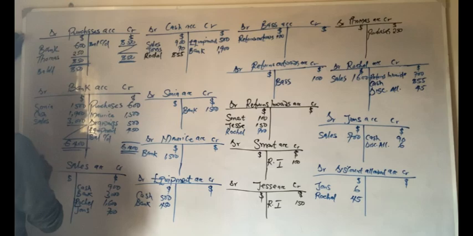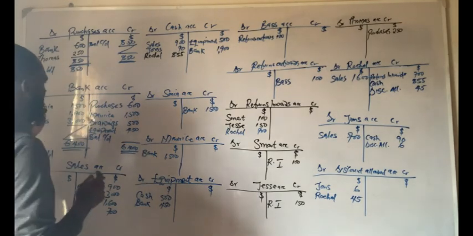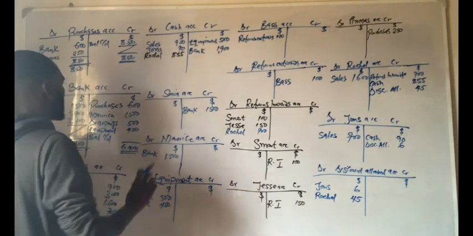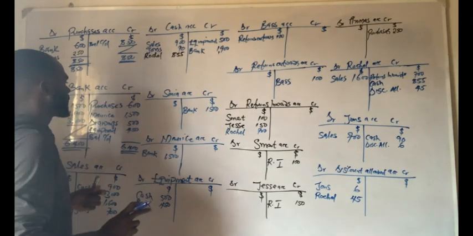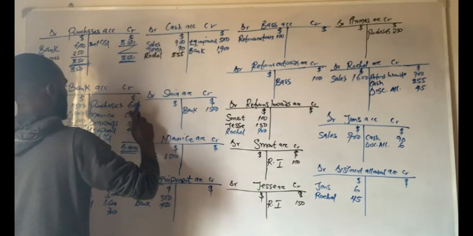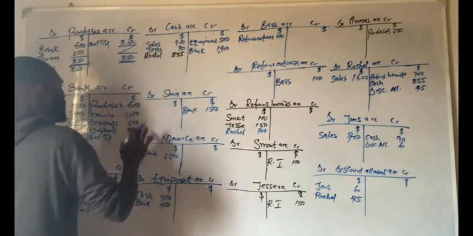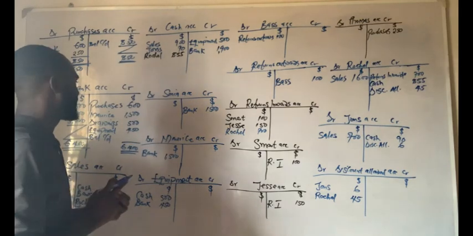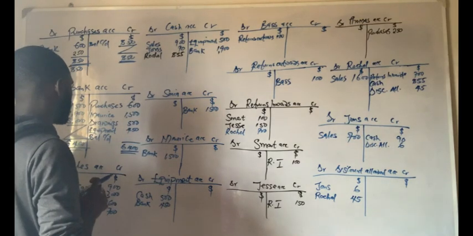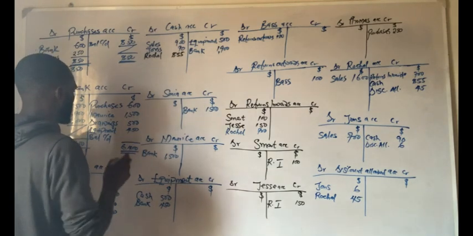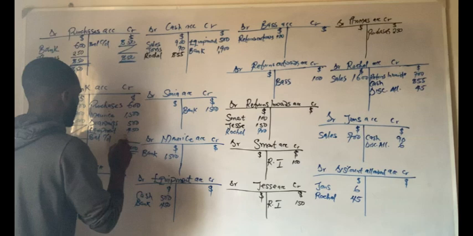The balance brought down: this plus this is 2,100, and then this is 2,000, 1,500 plus 500 is 2,000, plus 600 is 2,600, plus 450 is 3,050.